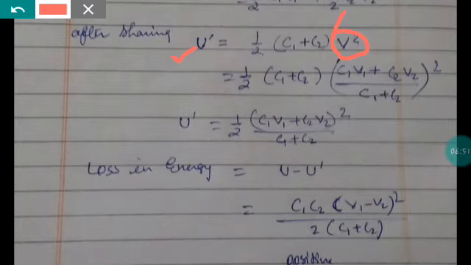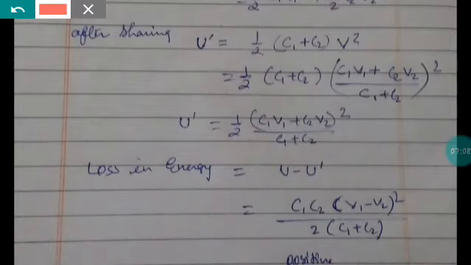Why? Because the charge will move till the potential is the same in both the capacitors. From equation 1 you have seen that the common potential is C1 V1 plus C2 V2 upon C1 plus C2.